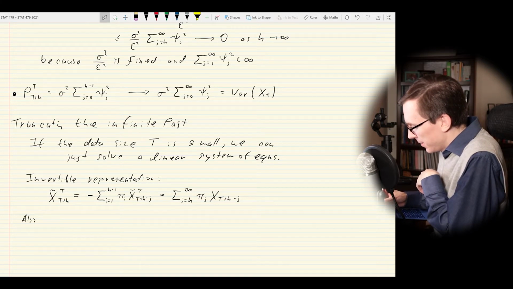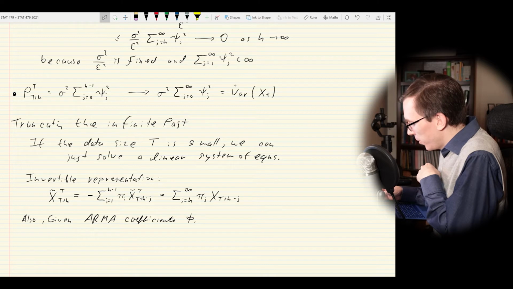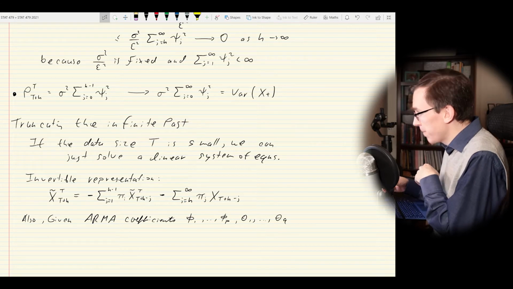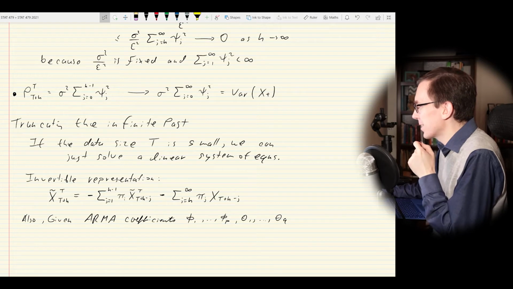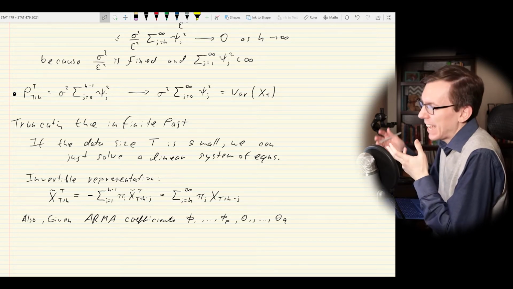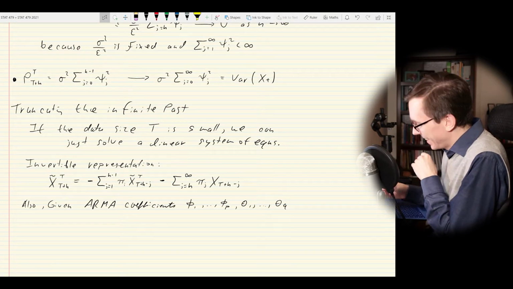I'll say also, given ARMA coefficients, phi 1 through phi p and theta 1 through theta q, right? We're going to pretend that we just know what they are. Of course, we don't actually know what they are yet. I mean, we'd have to estimate them from the data, but whatever. We would pretend we know what they are.